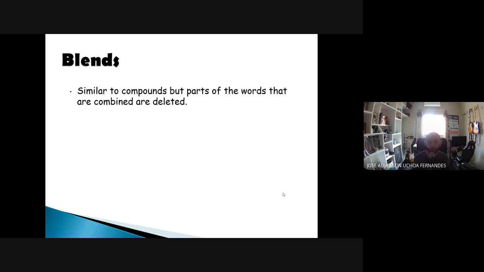In a blend, it's not possible. They are better mixed, like a homogeneous mixture. Let's take a look at a blend. Smog, for example, is a mixture of smoke and fog, or motel, which is motor hotel. So you mix parts.